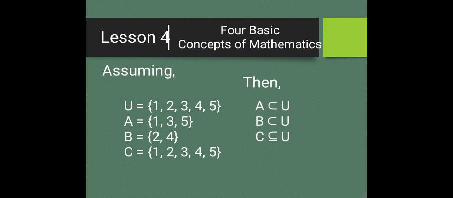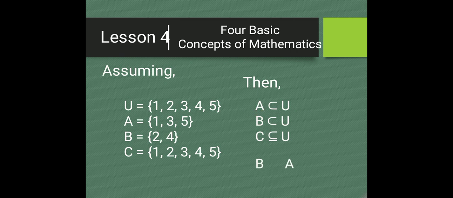So, ang tawag dyan, C is improper subset of U. So, yung mga nauna pala, A is a proper subset of U, B is a proper subset of the universal set, but si C, dahil equal siya sa original set, is improper subset of the universal set. So, I hope nagkakaintindihan tayo dito.